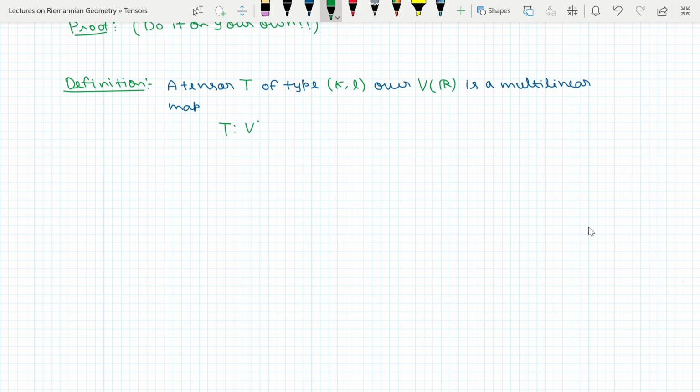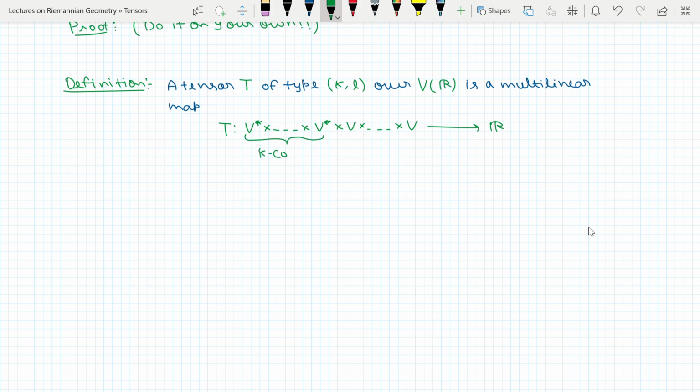What is this map? This map is T from V star cross V star cross V cross V, and so on up to V, and this goes to R.